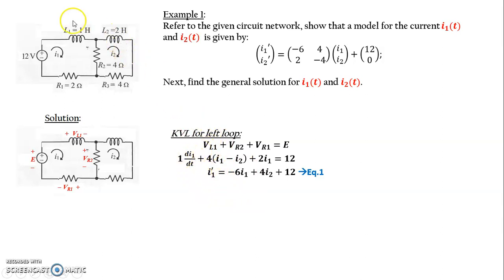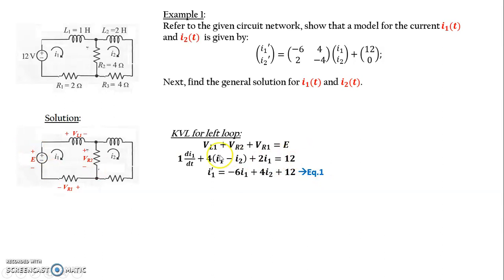In this case, L is 1 Henry and I dia adalah I1, so that's why you ada di1/dt. Untuk VR2 sama juga dengan R2, which is 4 ohm, multiply dengan current. Current adalah I1 minus I2. So 4 multiply dengan (I1 tolak I2), tambahkan dengan VR1. VR1 adalah R1 adalah 2 ohm, 2 multiply dengan I dia adalah I1. So that's why you ada 2I1, equal to E equal to 12 volt.